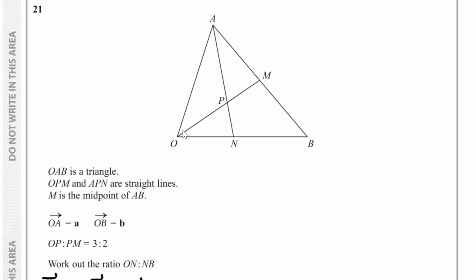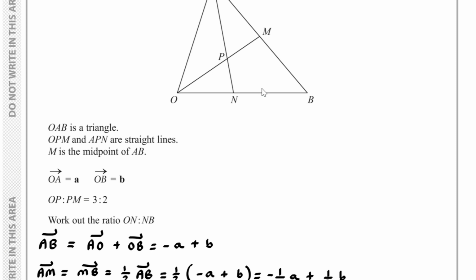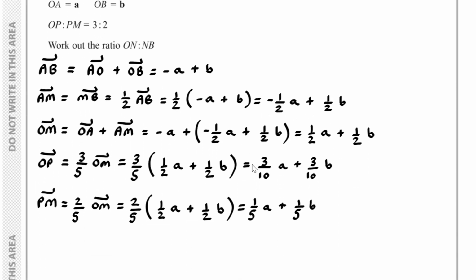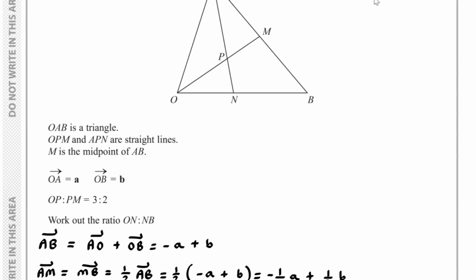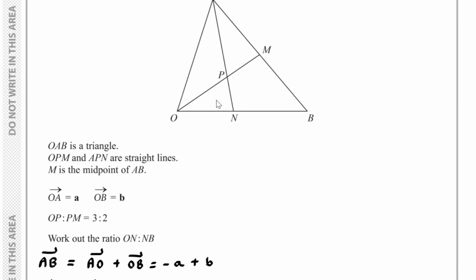So I know what OP is, I know what PM is. Now, I need to find out what ON and NB are somehow, but I don't know those ratios. Now, if I think about AP, I can find AP because I know AO and I also know the vector OP, so with that I can find out what AP is.